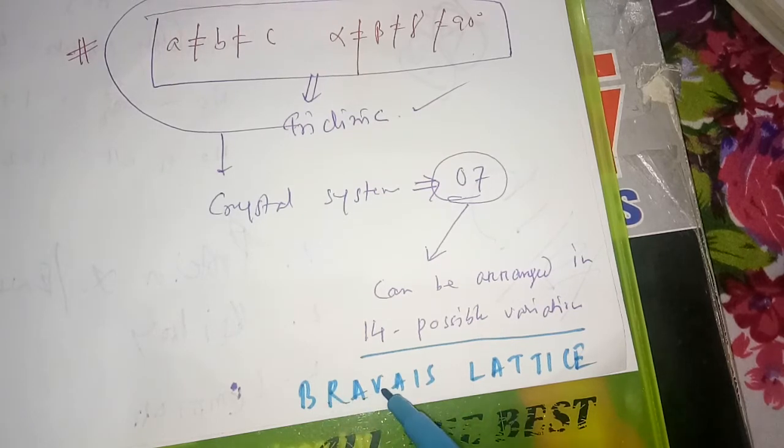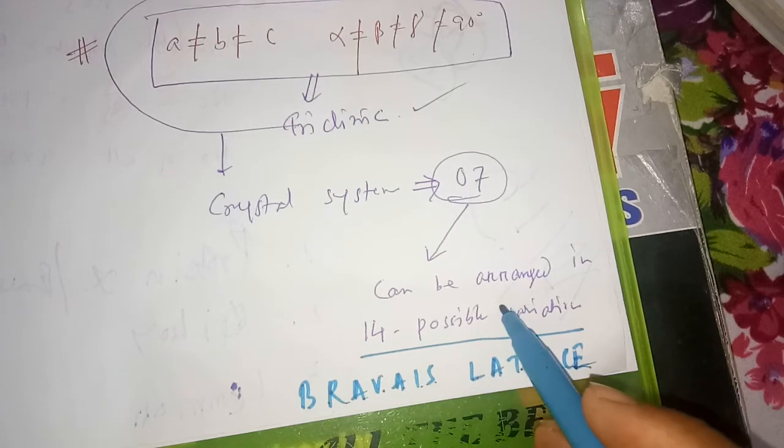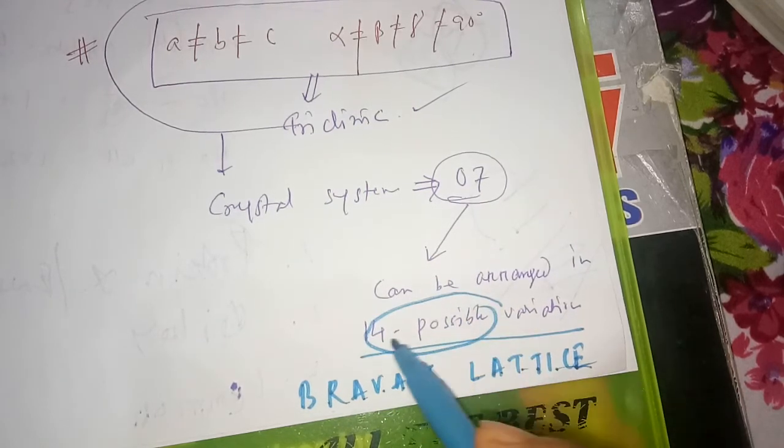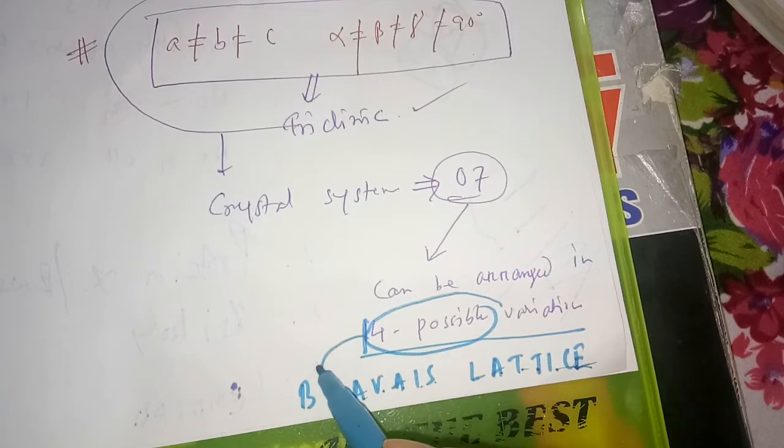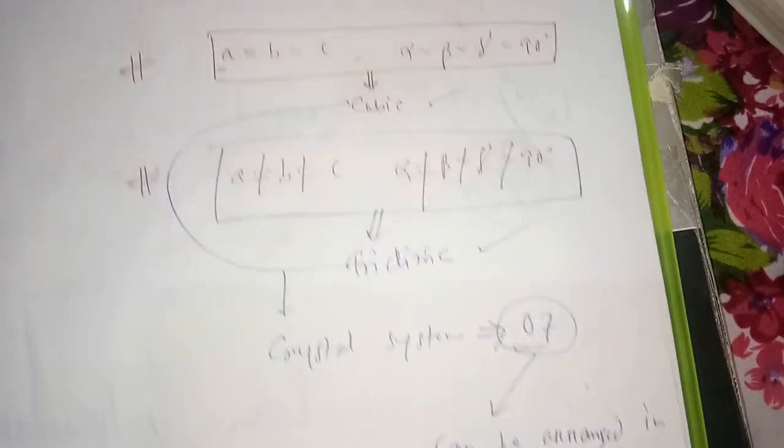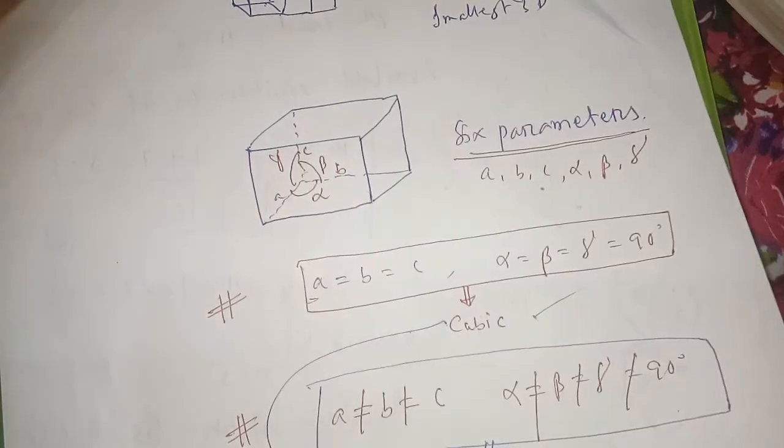One, two, three, four, five, 6, 7, 8, 9, 10, 11, 12, 13, 14. So these 14 possible arrangements are called Bravais lattices. So this type of arrangement we require to relate. Now we are taking some more things one by one.